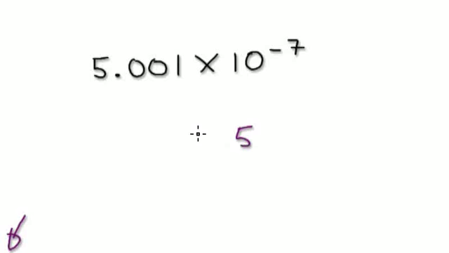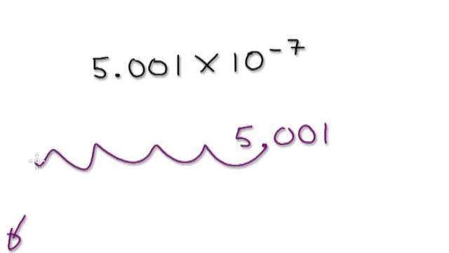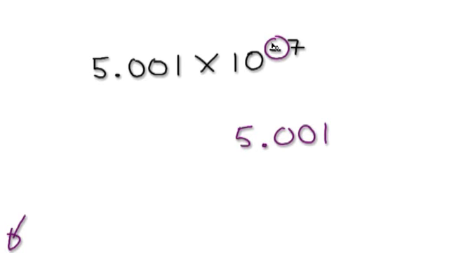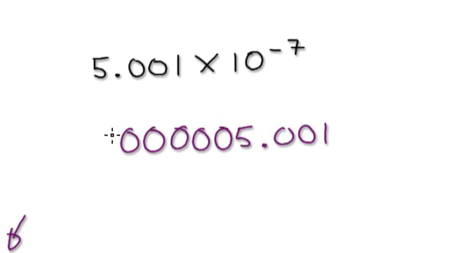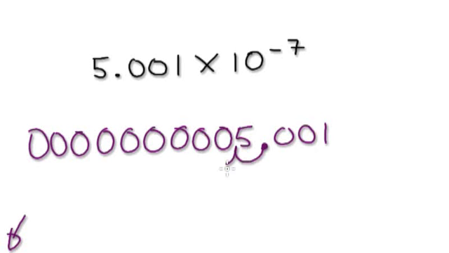Okay, so visualize this number here as 5.001, and I know I'm going to move the decimal in this direction because there's a minus here. So I'm going to visualize it with lots of zeros. Now when we times 10 to the power of minus 7, it will be 1, 2, 3, 4, 5, 6, 7. So the decimal is right here.